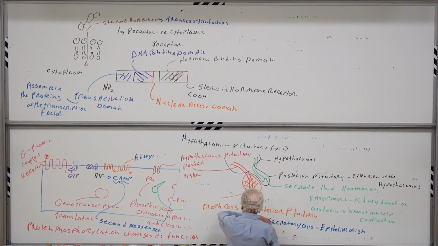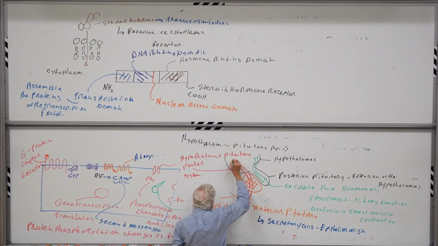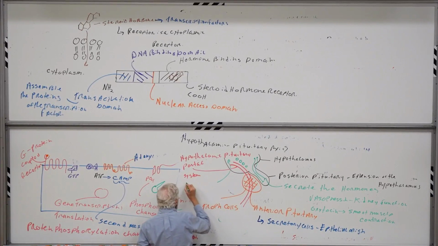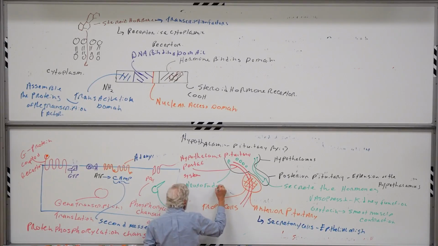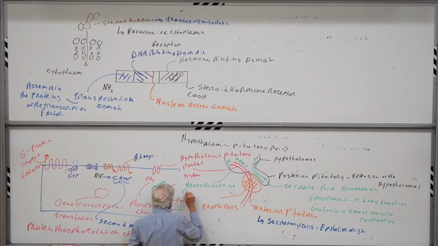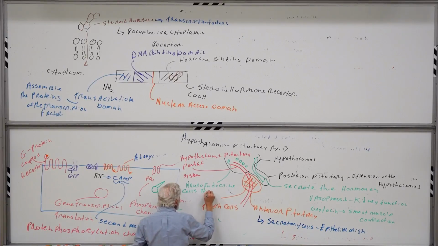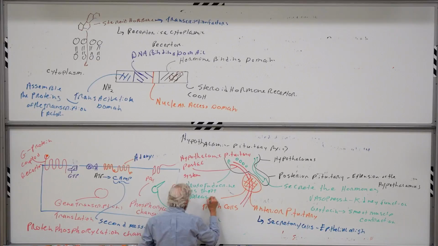So in the hypothalamus are these so-called neuroendocrine cells that release releasing hormones.